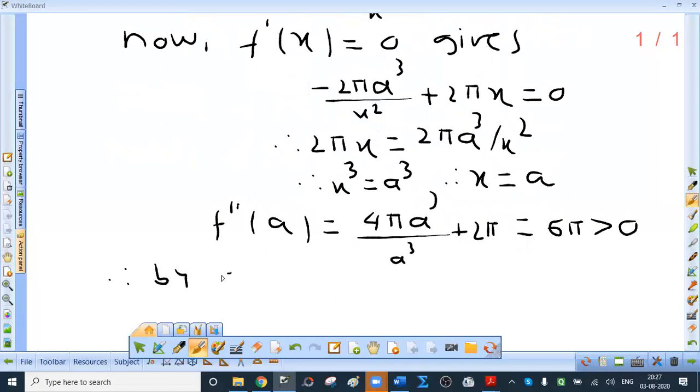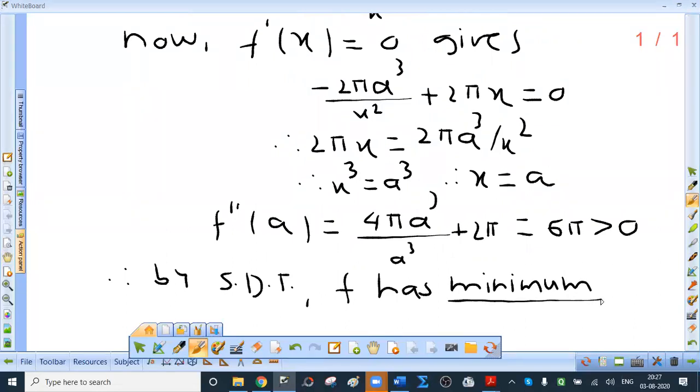Therefore, by second derivative test, the function has minimum. Actually, minima is plural, so it is better if we write minimum at x equal to a.